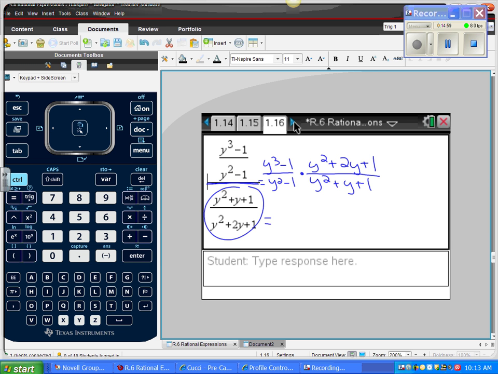Now we can factor. Now, something should be jumping out at you. You have that y cubed minus 1, right? That's difference of cubes. You know how to do this. So if you have to take a minute, pull out that flashcard and find how you factor it, please. Okay. So y cubed minus 1 gets factored. Y minus 1, y squared plus y plus 1.